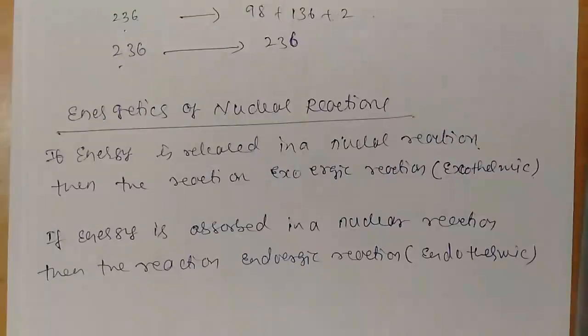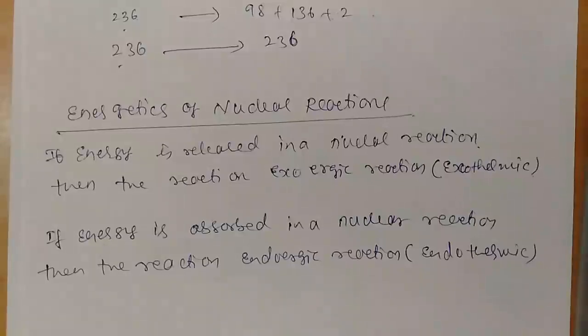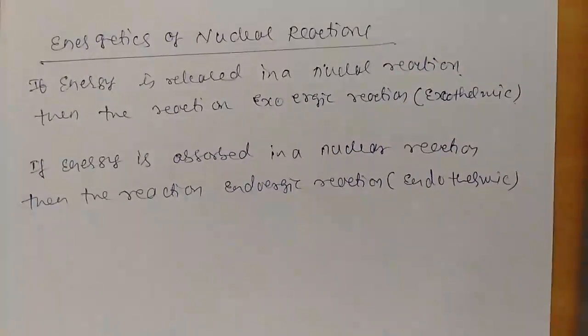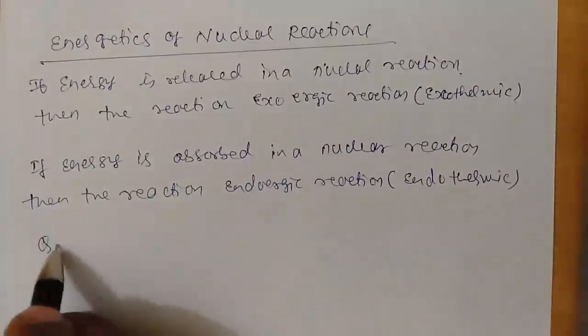The total amount of energy that is released or absorbed during any nuclear reaction is called the Q value of the nuclear reaction.